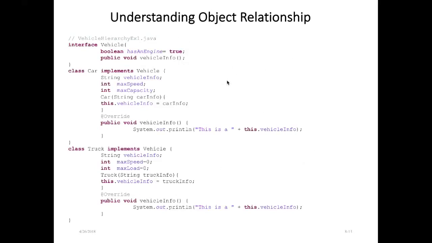This program has boolean hasEngine, and since it is an interface, this is an abstract property. Abstract means a vehicle must have an engine. Without an engine, a vehicle is not viable. So we have ensured that with the hasEngine property. You understand? That is a very good question.